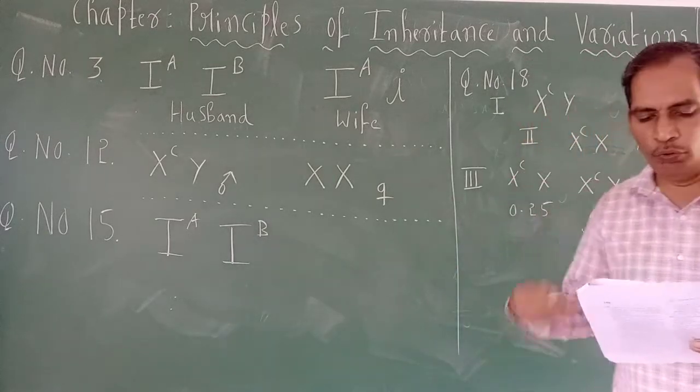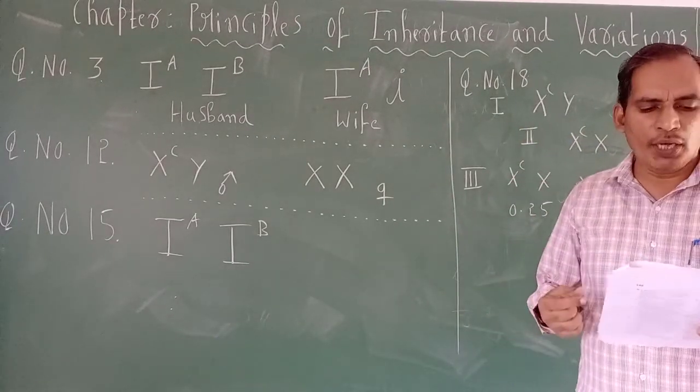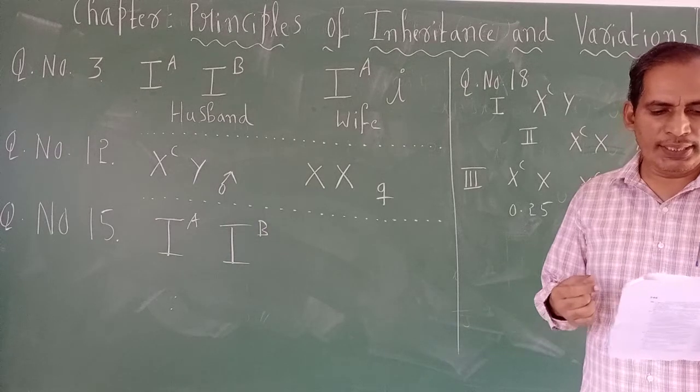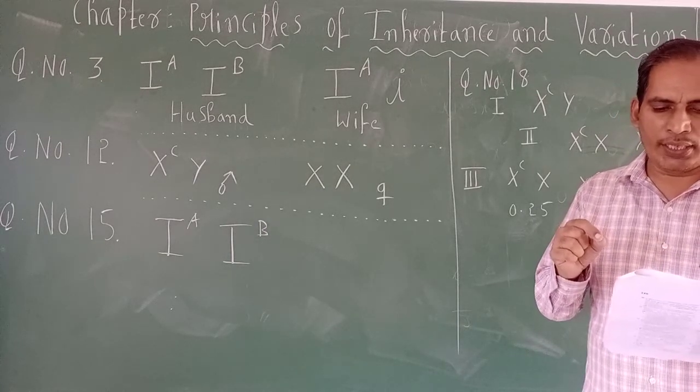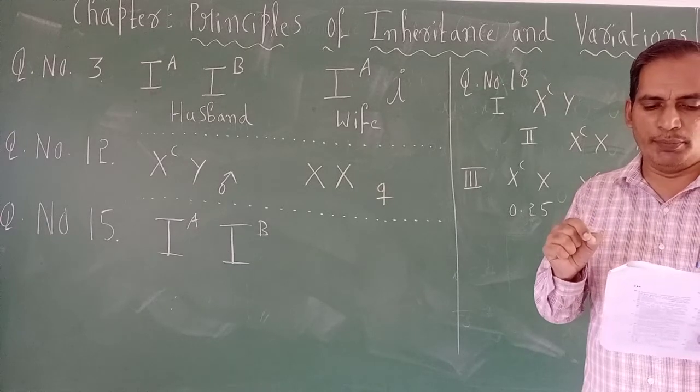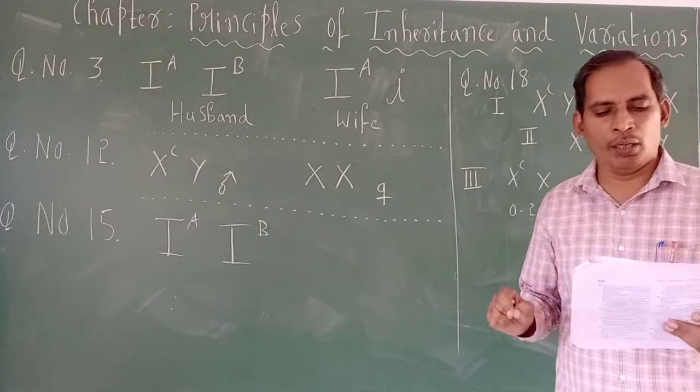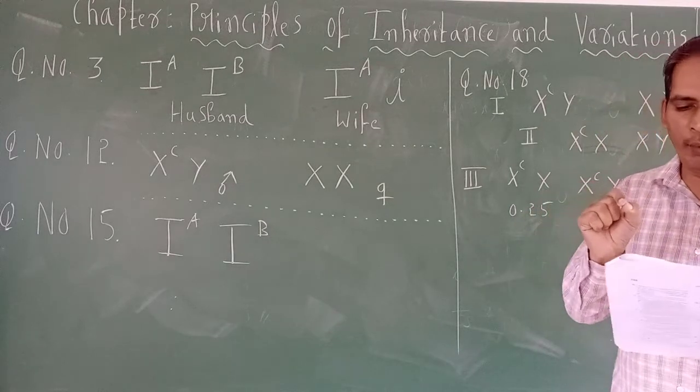Now, let us go further. Codominance. Codominance is in a heterozygous organism, both alleles express themselves fully. So, codominance is matching with 3.